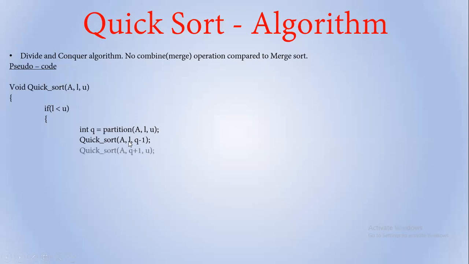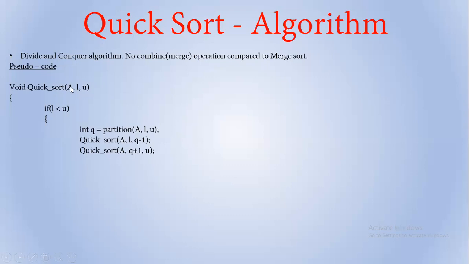And the second part will run for the same array A from Q plus 1 until U. That means the Qth element of this array A will not be quick sorted.